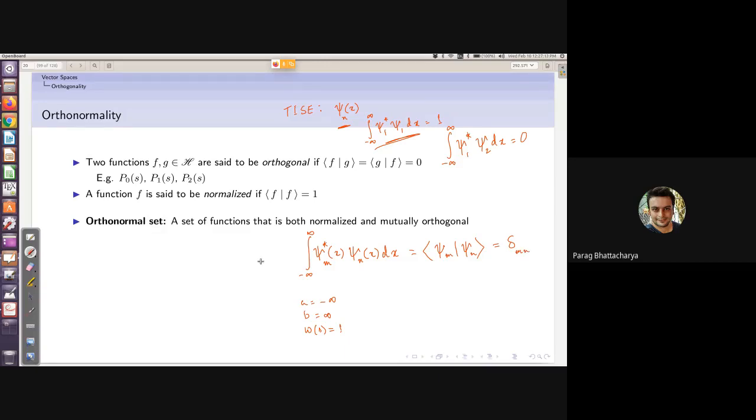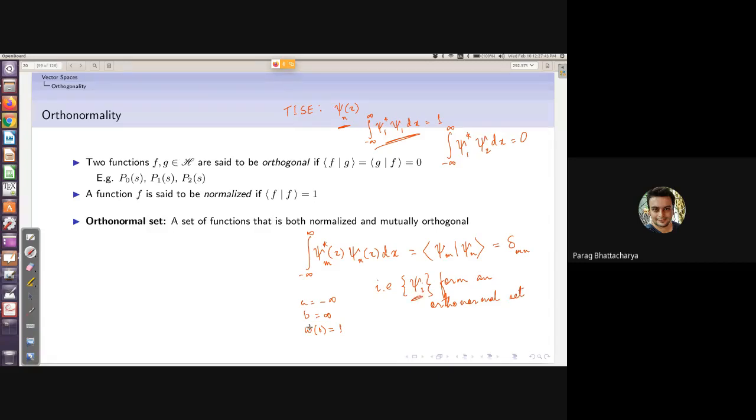So that means because of this, the set of all these eigenfunctions that we have forms an orthonormal set.